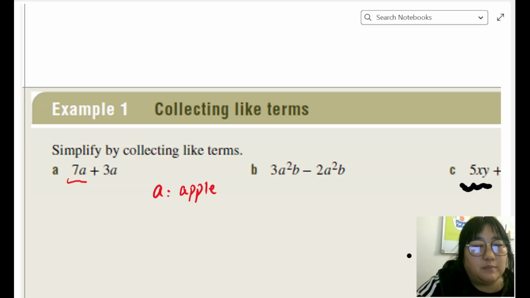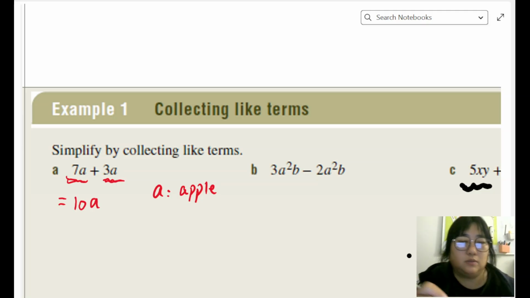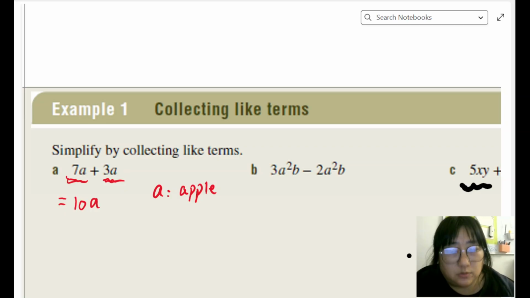So 7A means you have 7 lots of apple, plus 3 lots of apple, and then you add together, so you have 10 lots of apple. And A can be something else, like a pencil or laptop. So you have 7 lots of laptop plus 3 lots of laptop, total 10 lots of laptops.